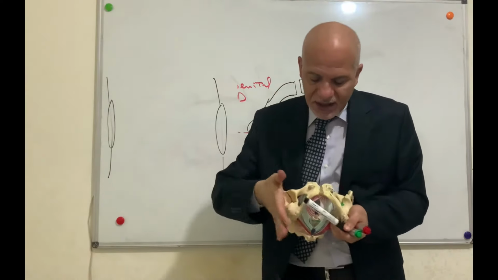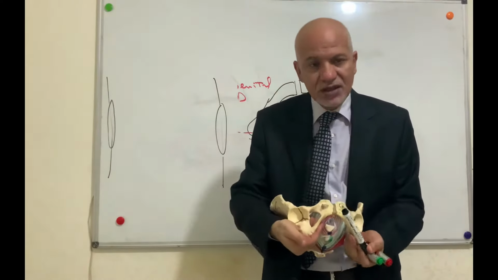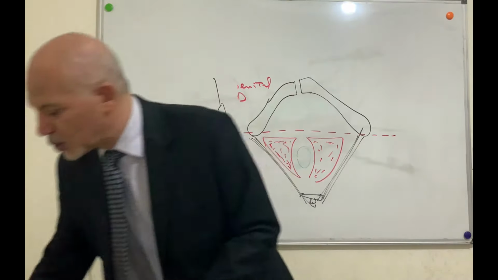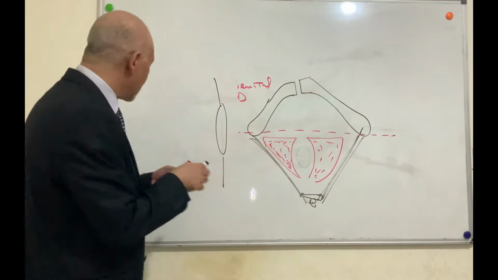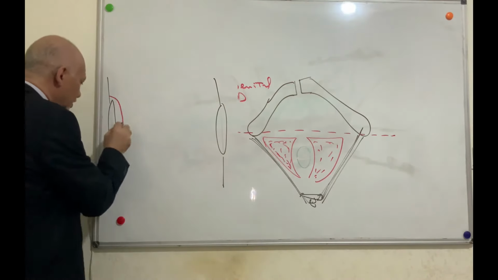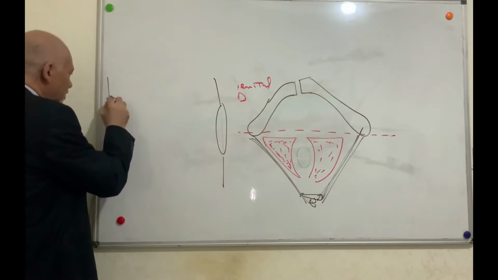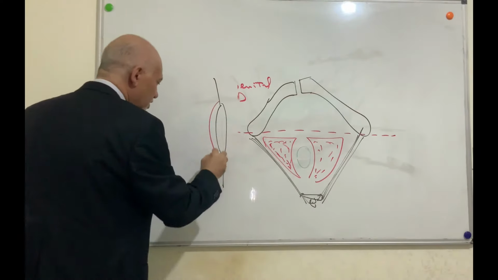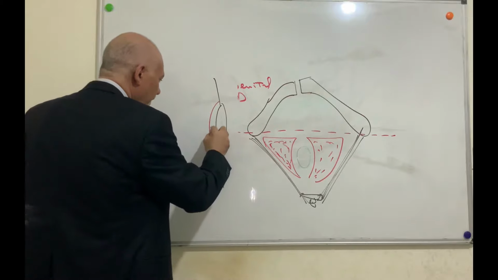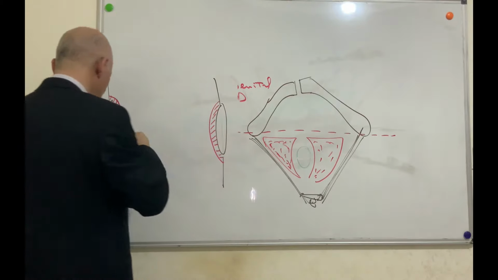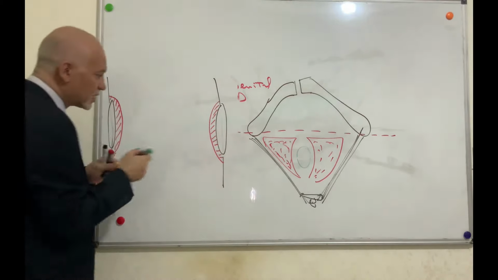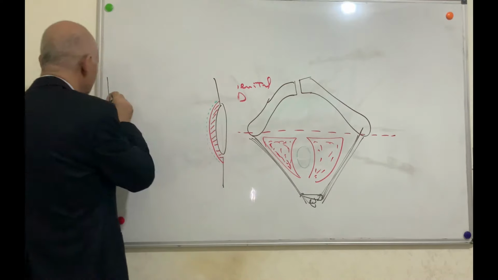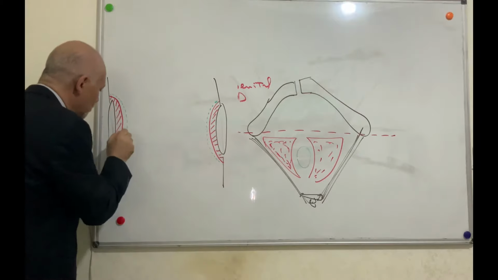What is lateral to the Ischio-rectal Fossa? This obturator foramen. But at the obturator foramen, there is a muscle called the obturator internus muscle, lined by the obturator fascia.